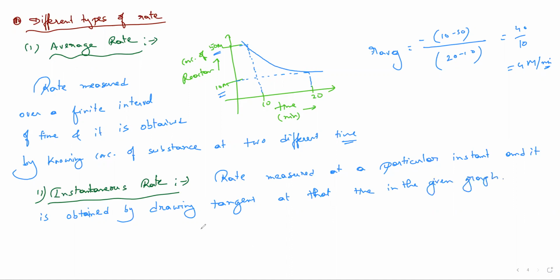Now instantaneous rate, how can you find it? Suppose this is the slope in this graph, with concentration 0 to 6 on one axis and 30, 40, 50 on the time axis. Suppose the graph is given like this.